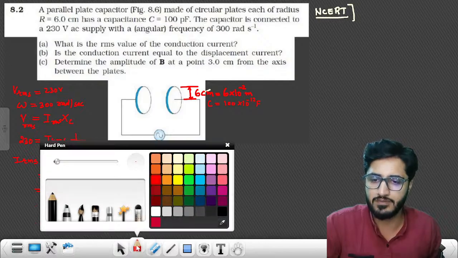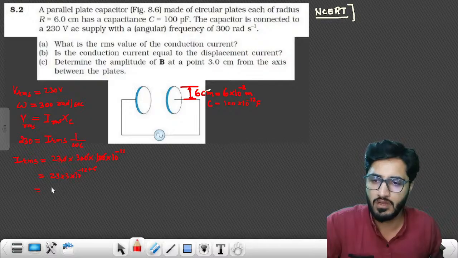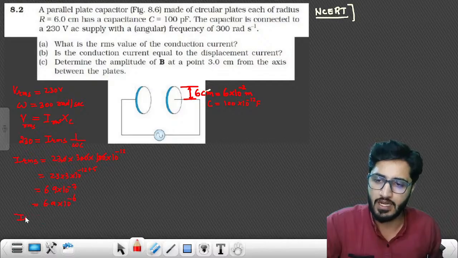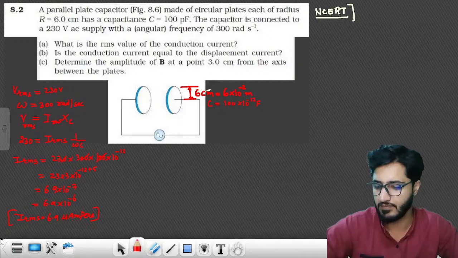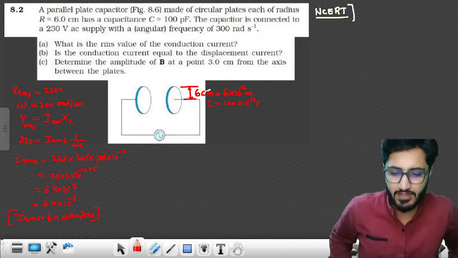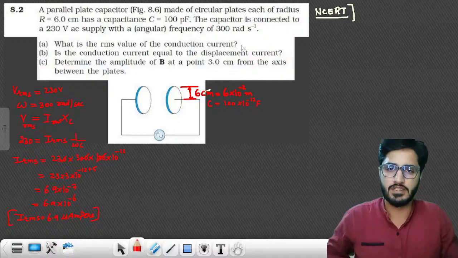So 69, 10 to power minus 7, or I can write 6.9 times 10 to power minus 6. So IRMS equals 6.9 microampere. Is this visible? Very easy. Simple, easy, no? This one is done.